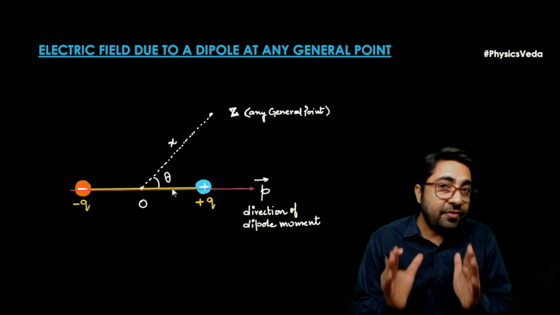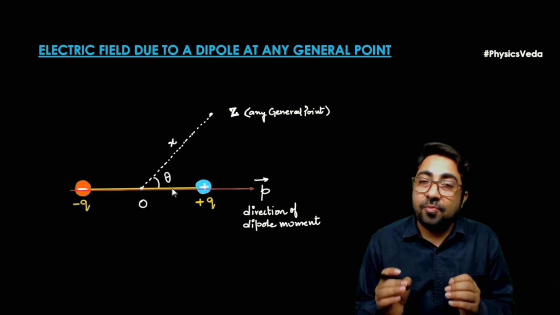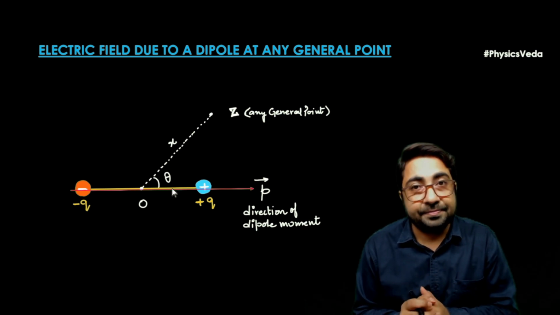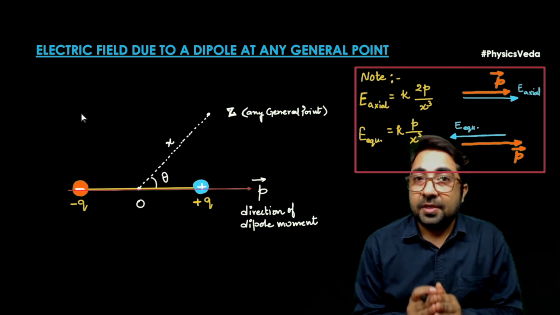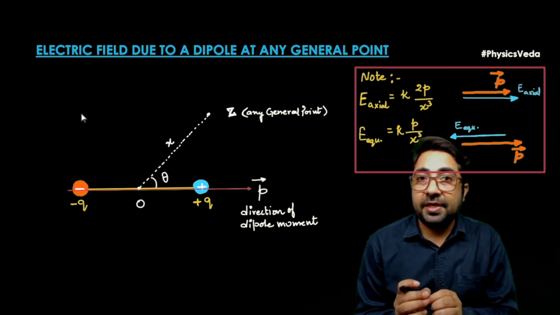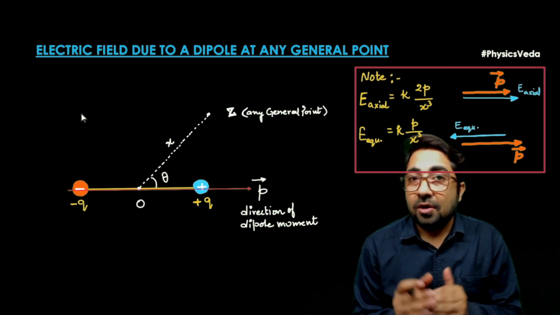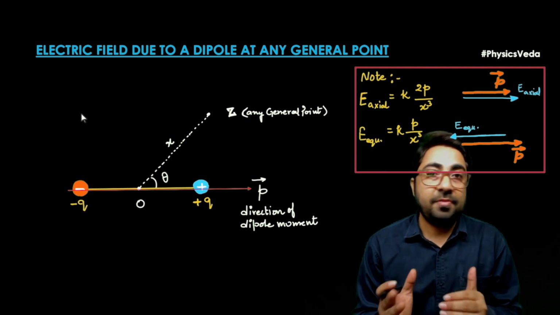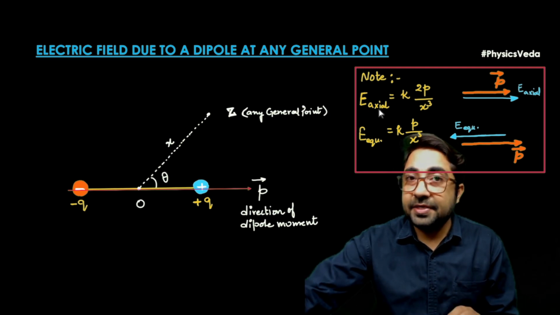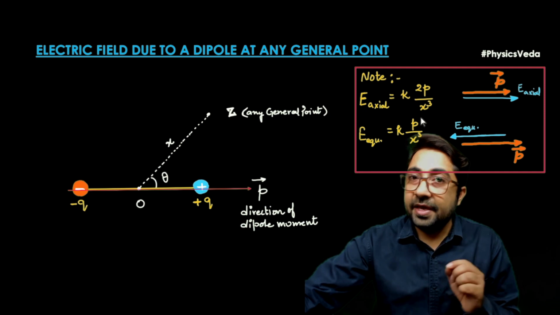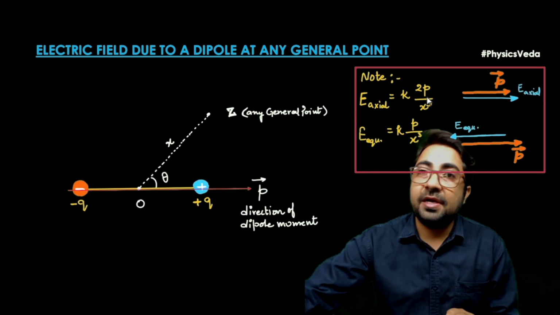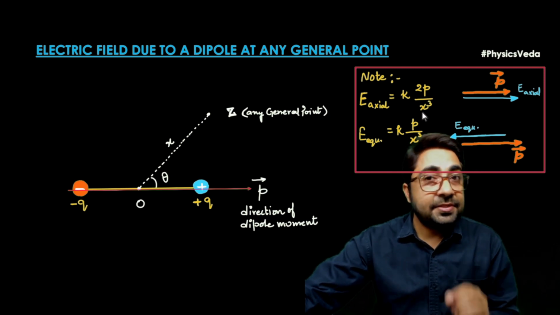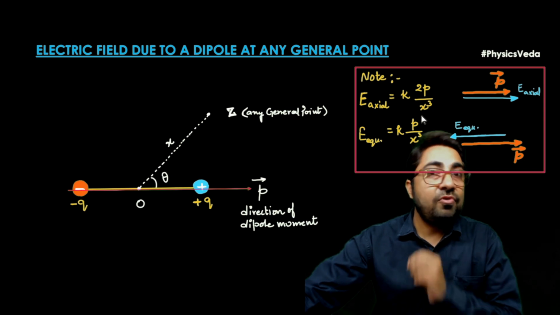So here we have to use a different analogy to calculate the electric field at a general point. Before moving ahead, we have to focus on some points. We have already calculated the electric field intensity at the axial point and also at the equatorial point. The electric field at the axial point is equal to k 2p upon x cube, where k is Coulomb's constant, 1 upon 4 pi epsilon naught, p is the electrical dipole moment, and x is the distance up to which we have to calculate the electric field.